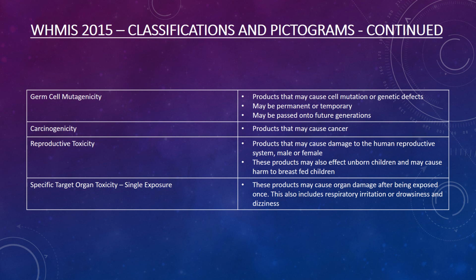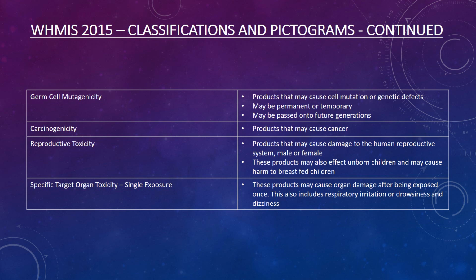Carcinogenicity. Description: products that may cause cancer. Reproductive toxicity. Description: products that may cause damage to the human reproductive system, male or female.